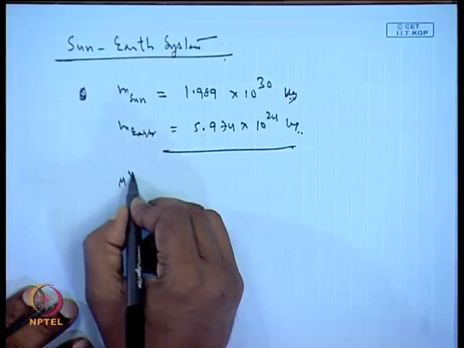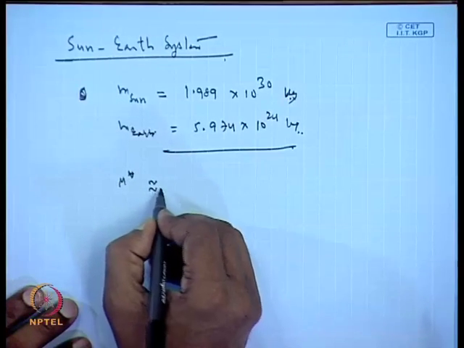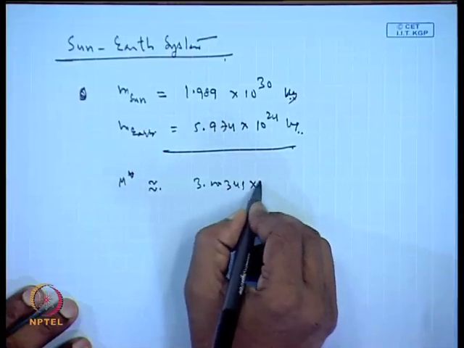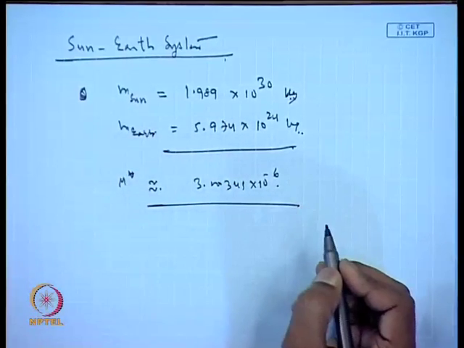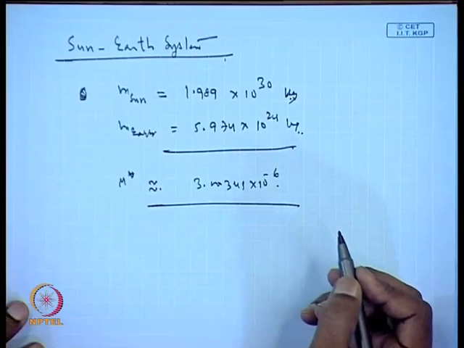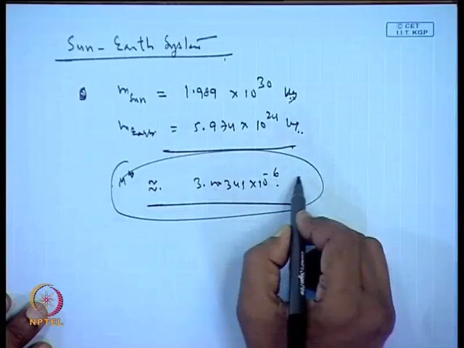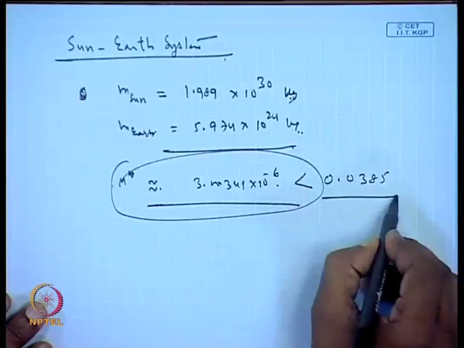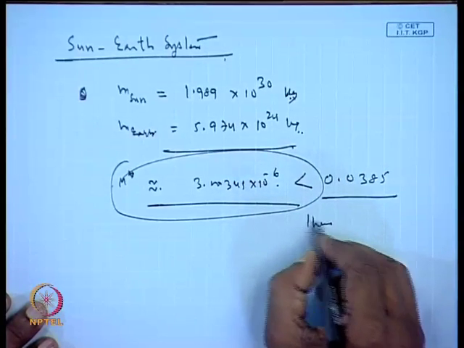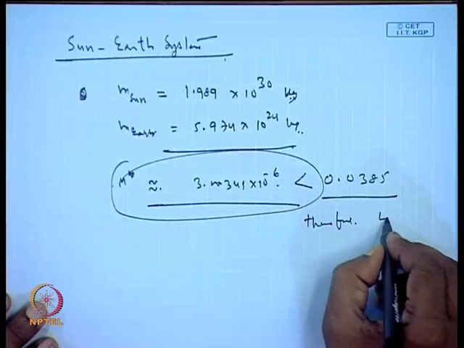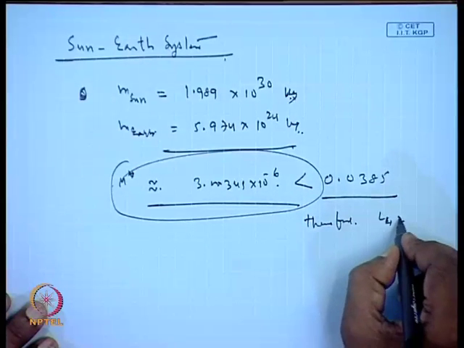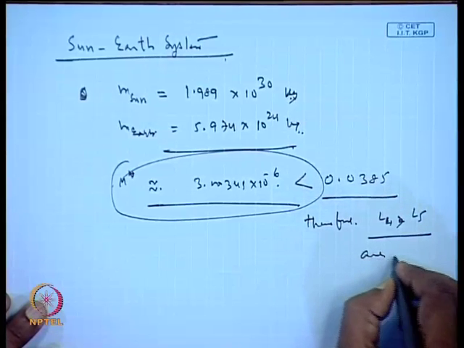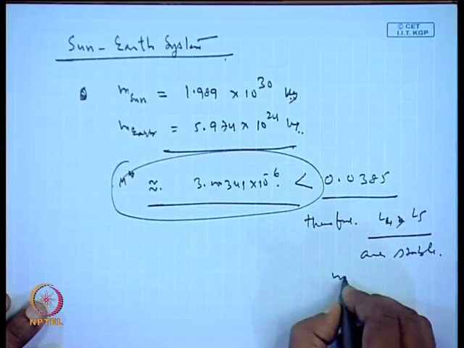Therefore, mu star in this case will be approximately 3.00 into 10 to the power minus 6, and obviously this quantity is much less than 0.0385, and therefore L4 and L5 are stable in this case also.